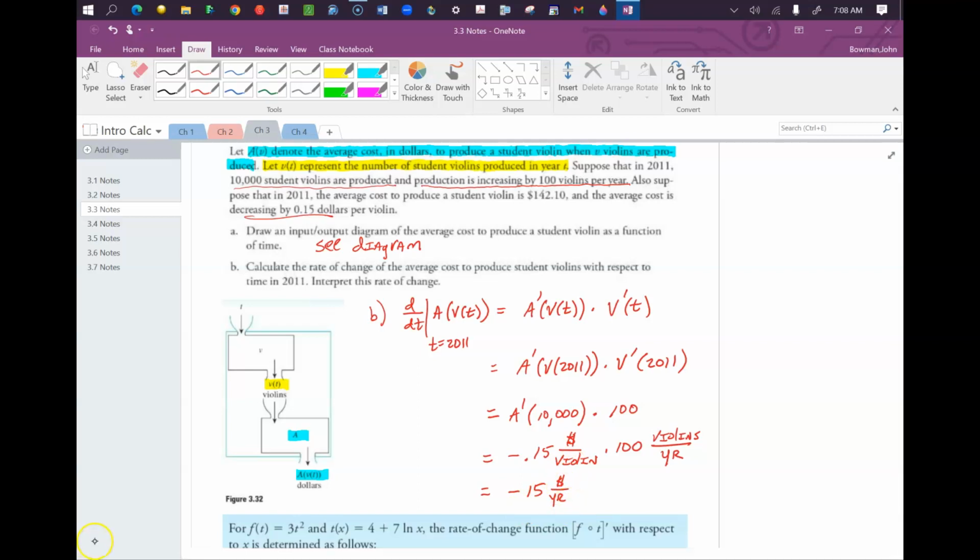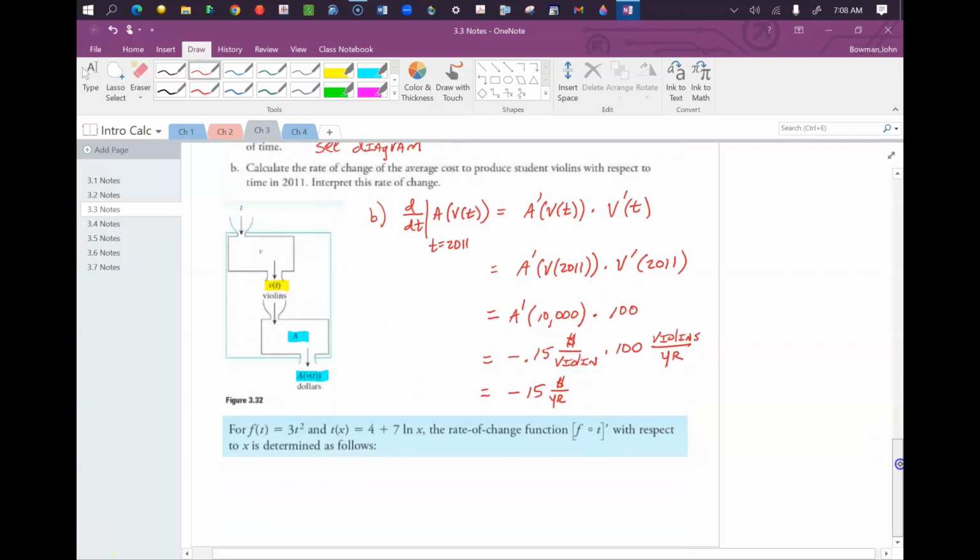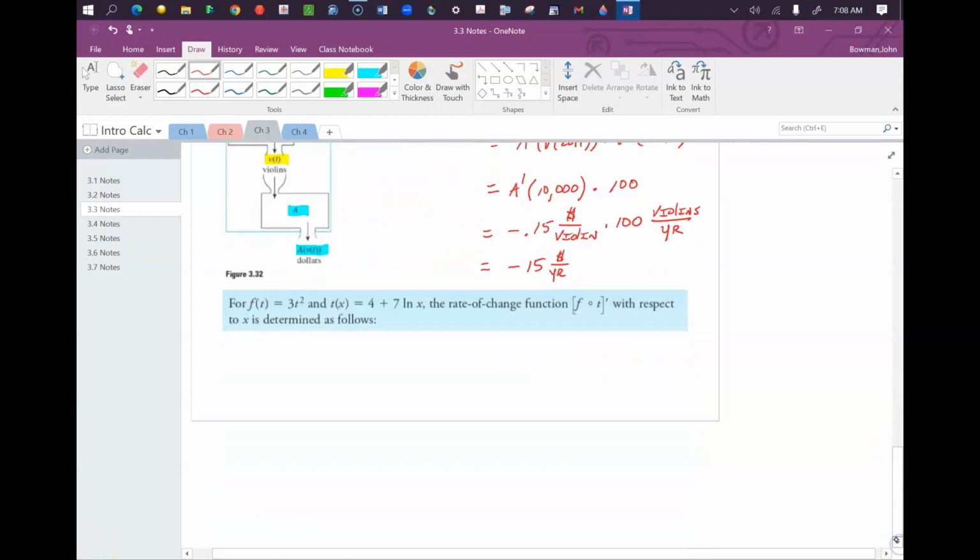And for the last example, it's strictly just two functions. F of t is equal to 3t squared. T of x is equal to 4 plus 7 ln x. Find f of t prime. So that is the derivative with respect to x of f of t of x.